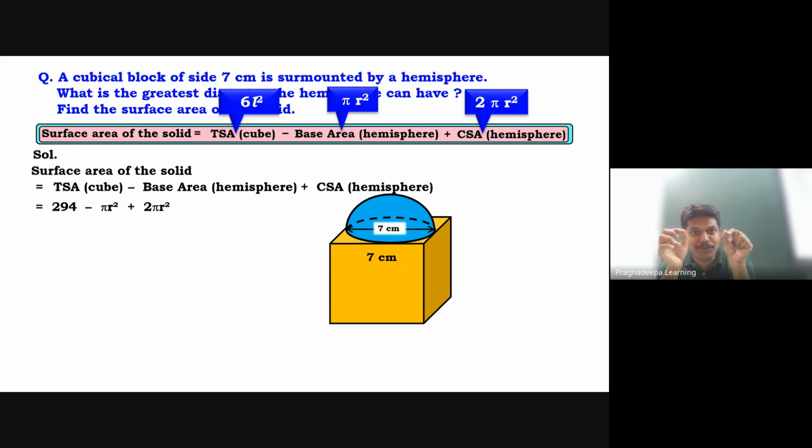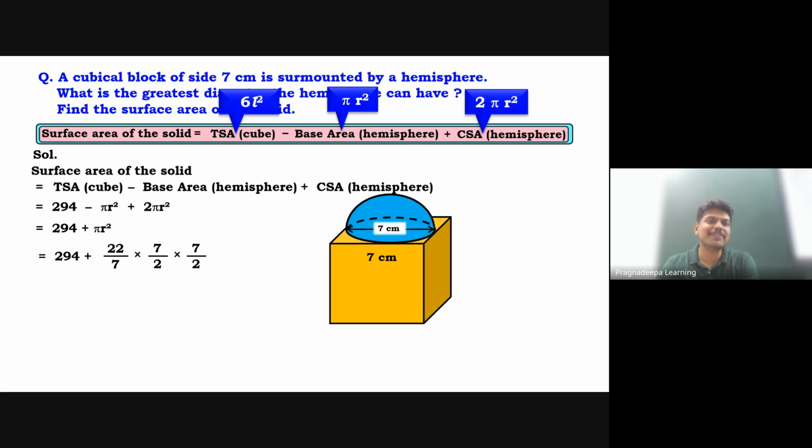So instead of doing base area separately and CSA separately, if I mix both together, is it a time management skill? So what you do, it will be pi r square. Therefore, pi means 22 by 7 and we are lucky because r is 7 by 2, correct?